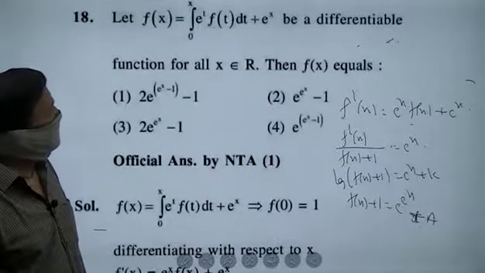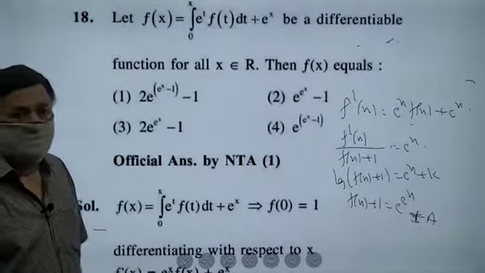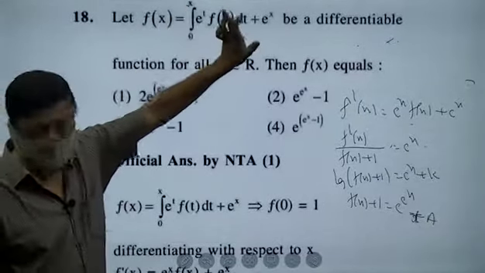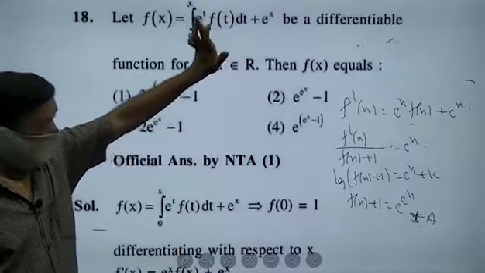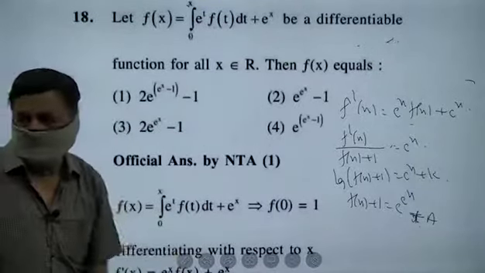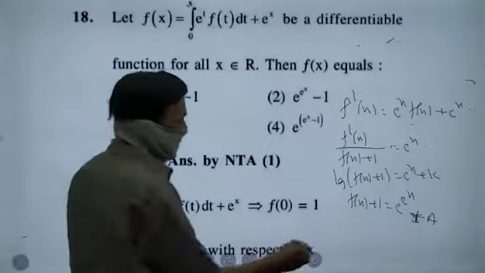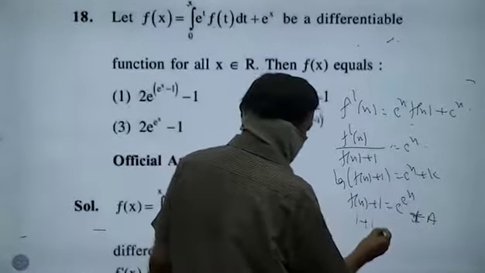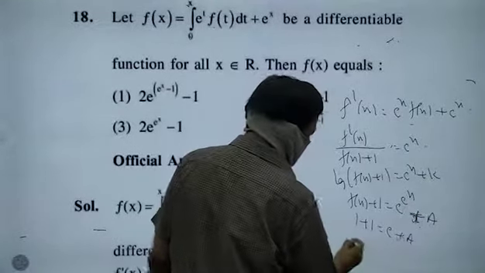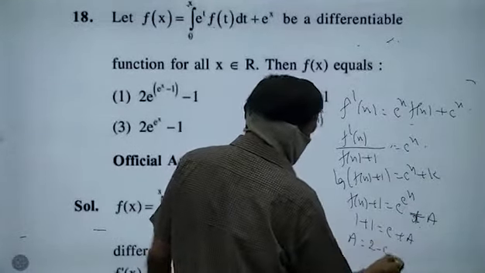Now what is f(0)? 1. 0 to 0, e^0 is 1. So f(0) is 1, therefore the value of a you can calculate. So f(0) is 1 means e^0 is what? 1, a. So a will be what? 2 minus.